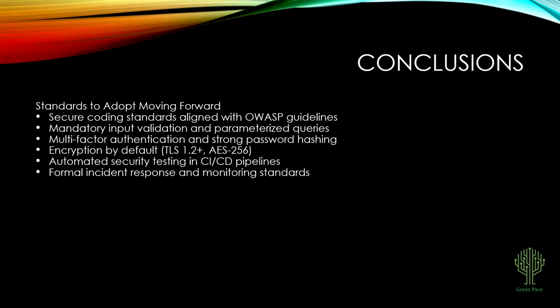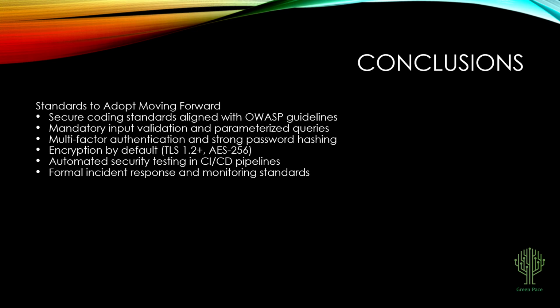To summarize, this security strategy focuses on preventing vulnerabilities before they become incidents. By implementing strong input validation, secure authentication, encryption by default, and automated testing within a DevSecOps pipeline, we significantly reduce both the likelihood and impact of a breach.